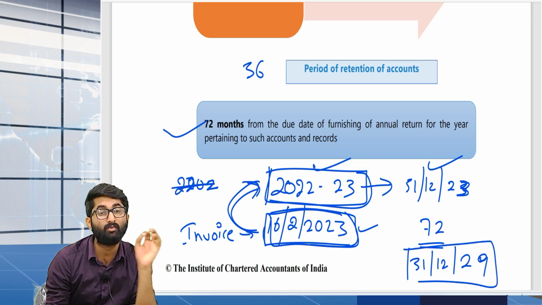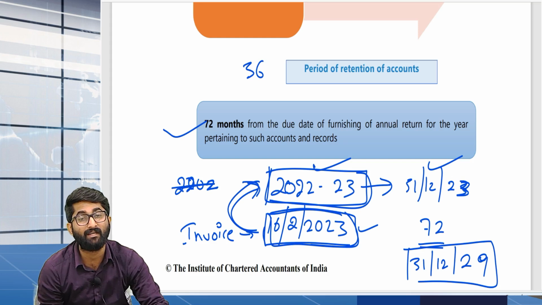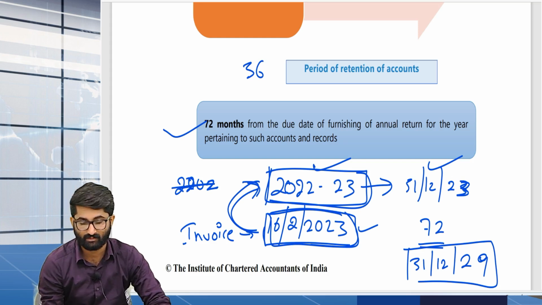or 72 months from the due date of filing the return for the relevant financial year for which that invoice or document pertains, whichever is later. So that is given here.